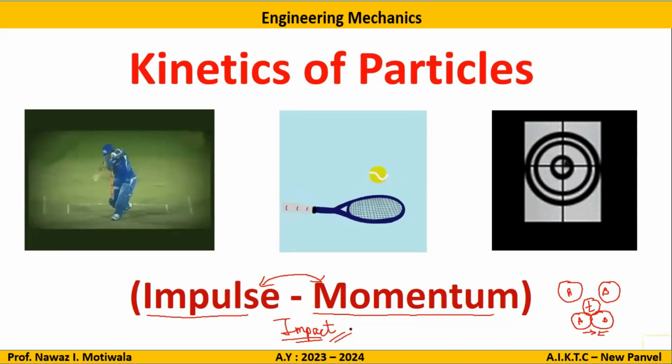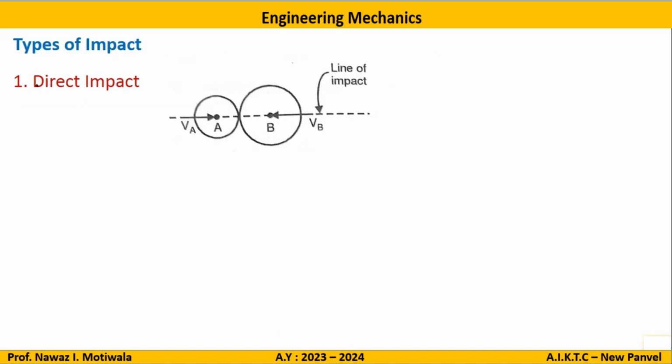Let us move forward with the different types of impact. The first type of impact is the direct impact. If you observe the figure, there is a body A of mass m1 and a body B of mass m2. Both bodies are moving with velocities Va and Vb respectively towards each other.